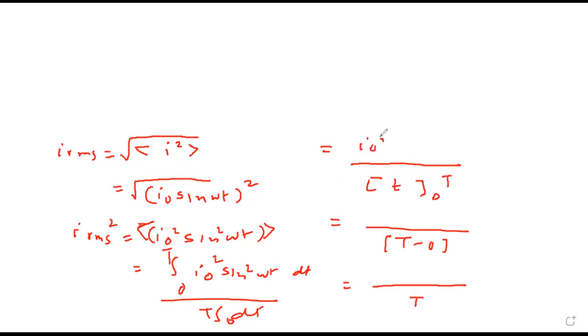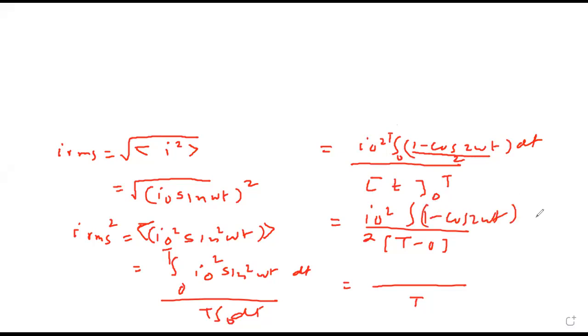I naught square, take outside. Sine square is 1 minus cos 2 omega t upon 2, into dt from 0 to T. So I naught square upon 2, integration of 1 minus cos 2 omega t from 0 to T, which is I naught square upon 2T.